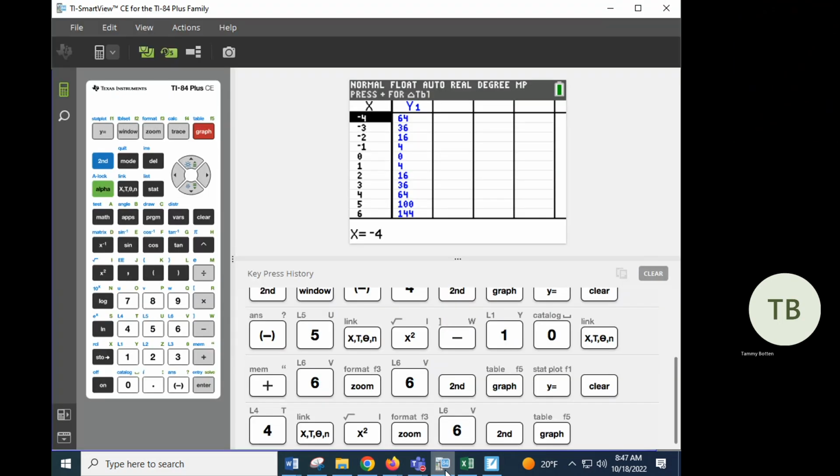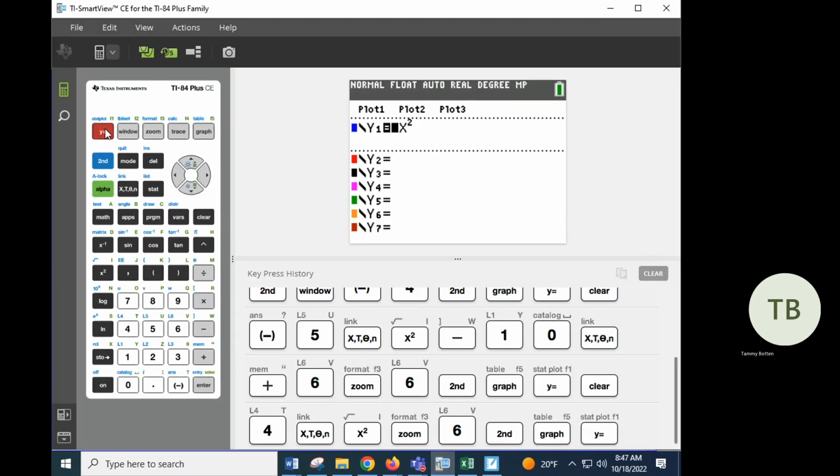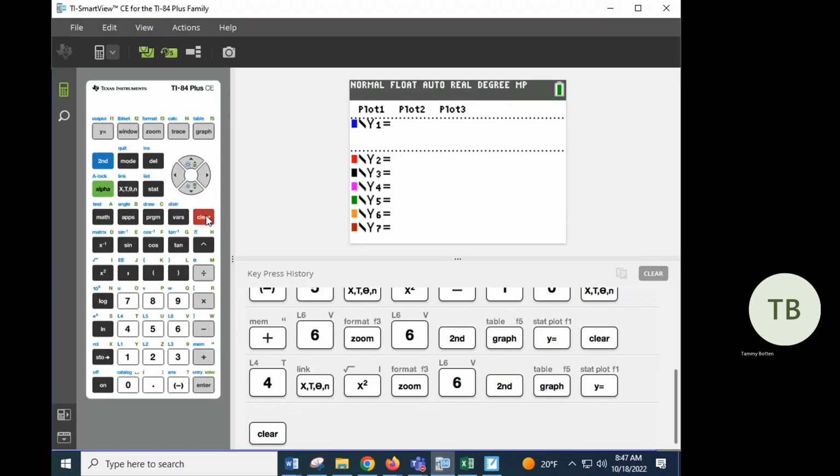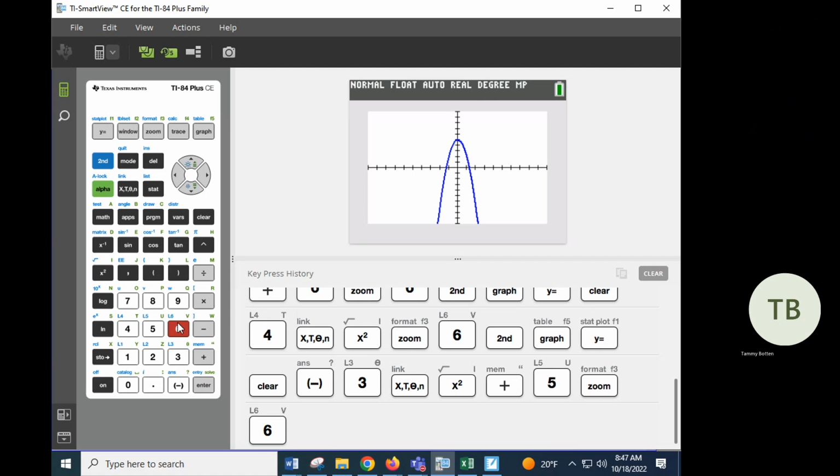So I'm going to go to y equals. I'm going to clear it. And this one is -3 x squared. So remember, it's x and then this x squared piece. And then plus 5. You want to look at it, do zoom 6.